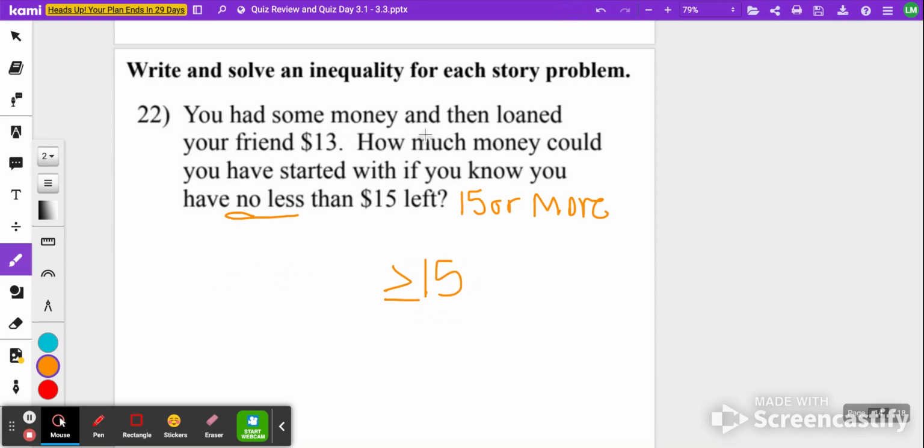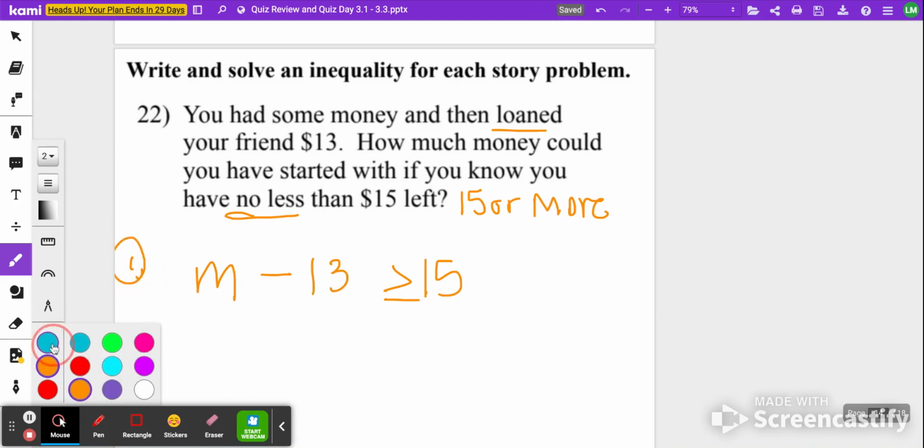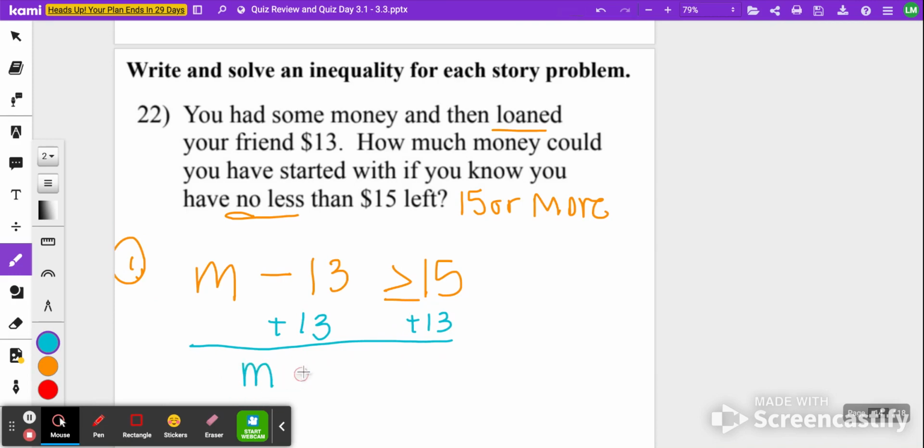Because I loaned my friend $13, that means I took away $13 of what I had. So I just want to know how much money did I start off with. So that would be m minus 13 is greater than or equal to 15. That was part 1. Part 2 is solving it. So I'm going to add 13 to both sides. I should get m is greater than or equal to 28.